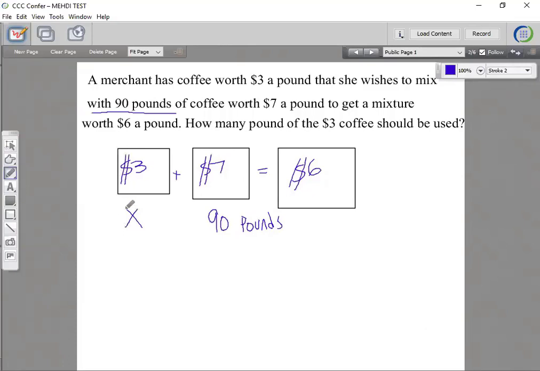So if I use X pounds here, added to 90 pounds, what would my total mixture be equal to? 90 plus X, right? Or X plus 90. That has to be 90 plus X. Okay, I'm ready to write the equation now.